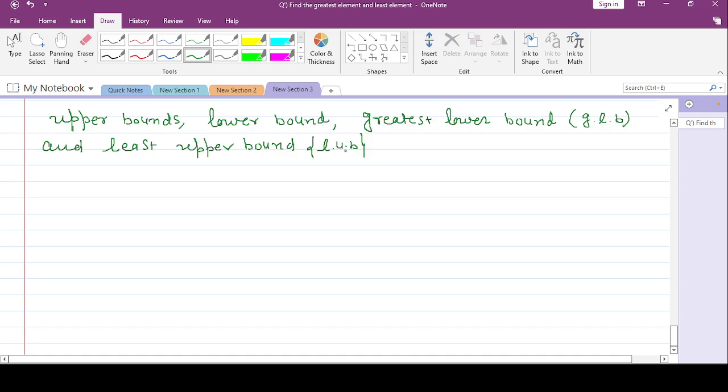Now for this, consider this question. Consider D100 under divisibility. D100 means divisors of 100, and it is a Toset.